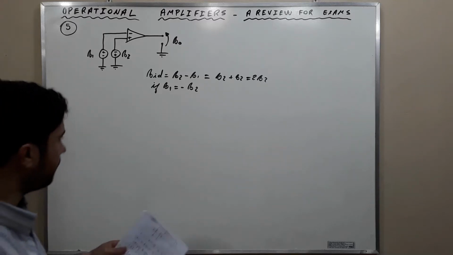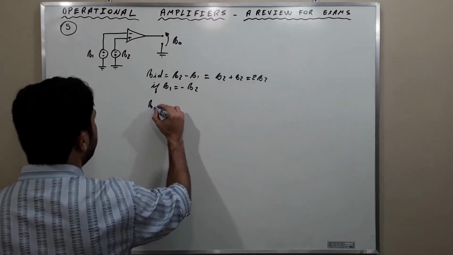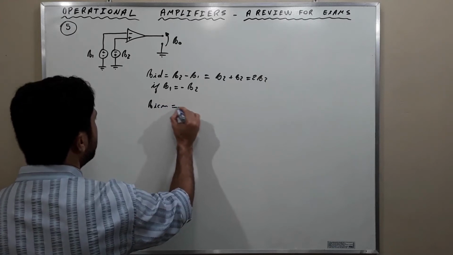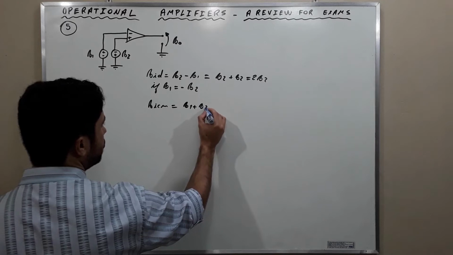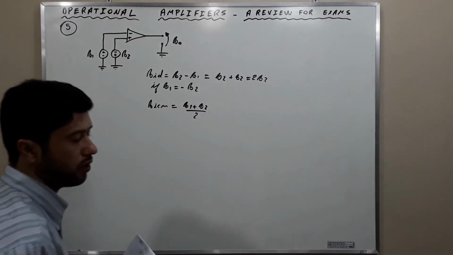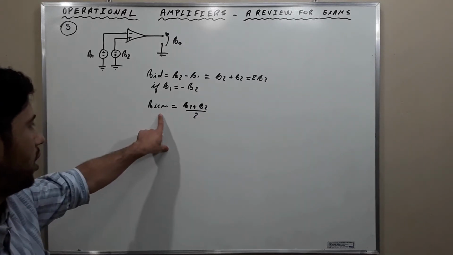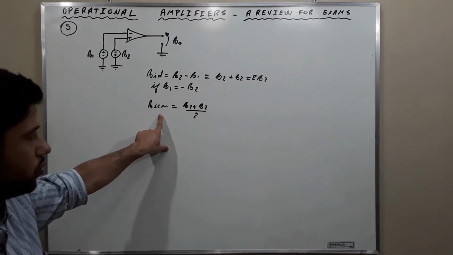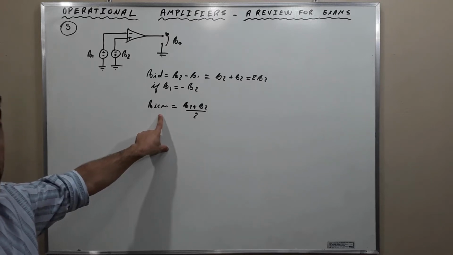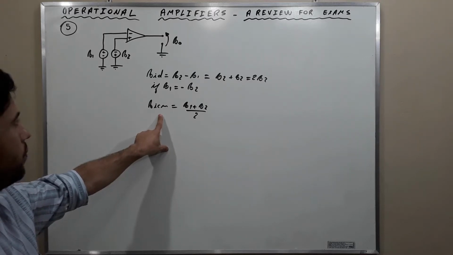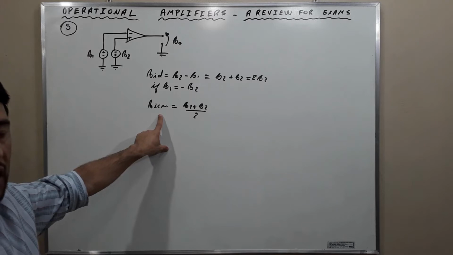In this case, VICM is equal to (V1 plus V2) divided by 2. This is the definition of the common mode voltage, which is also amplified by real, in other words, non-ideal op amps.